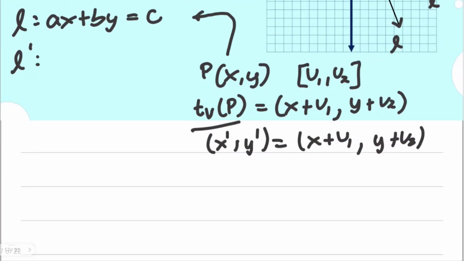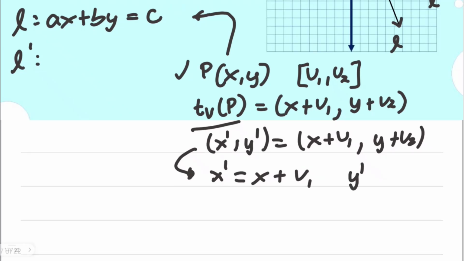So for every point x, y in that given line L, you're going to have x prime equal to x plus v sub 1, and y prime equal to y plus v sub 2. What is my point here?